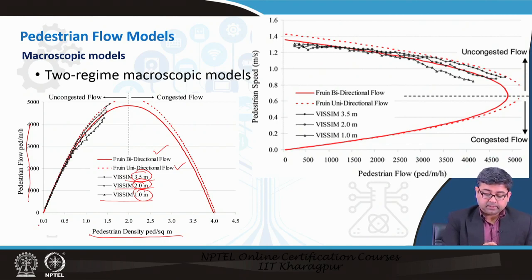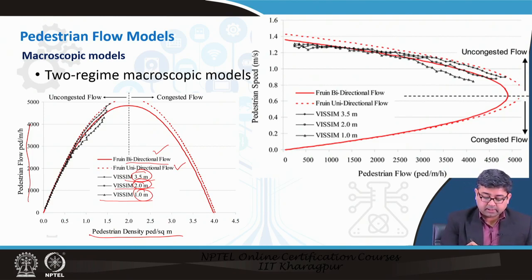When he developed it for bidirectional flow, the red line, he had made no distinction between congested and uncongested flow, and he had said that this one model fits the behavior of all the pedestrians, be it on an empty sidewalk or a congested sidewalk.